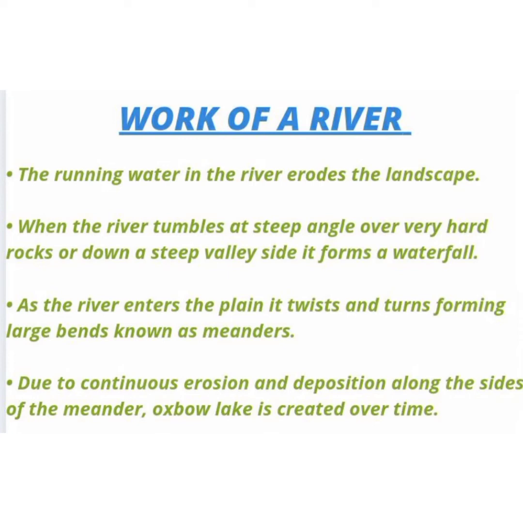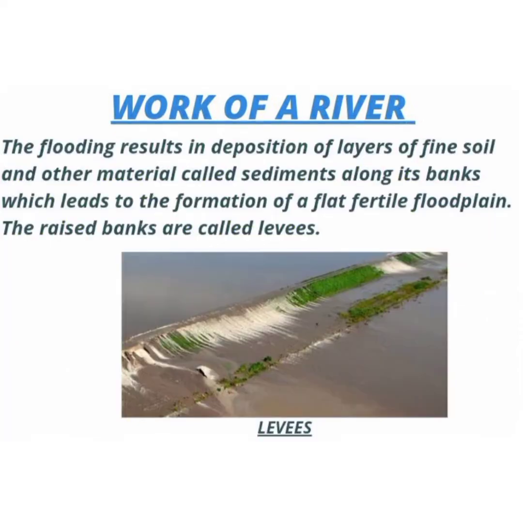As the river enters the plain, it twists and turns, forming large bends known as meanders. Due to continuous erosion and deposition along the sides of a meander, an oxbow lake is created over time. Flooding results in the deposition of layers of fine soil and other materials called sediment along its bank, which leads to the formation of a flat fertile flood plain, and the raised banks are called levees.